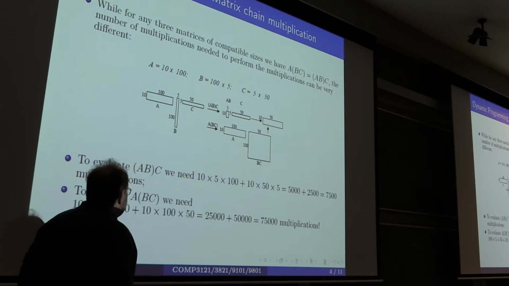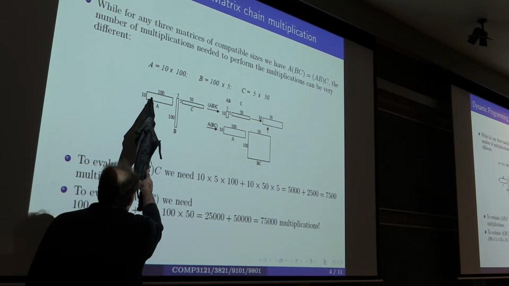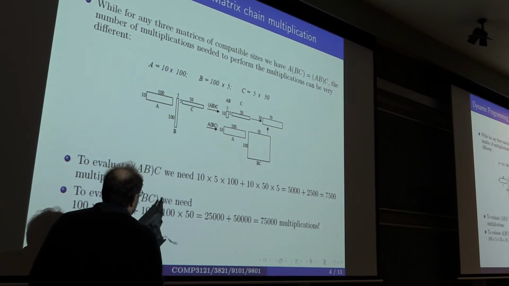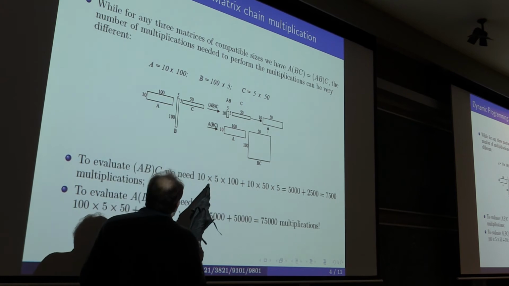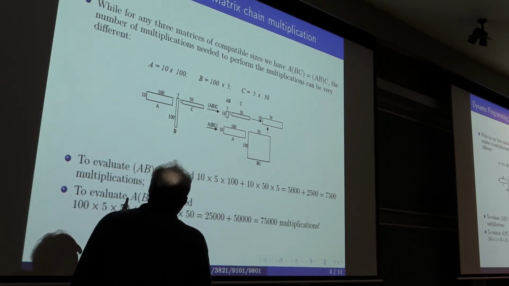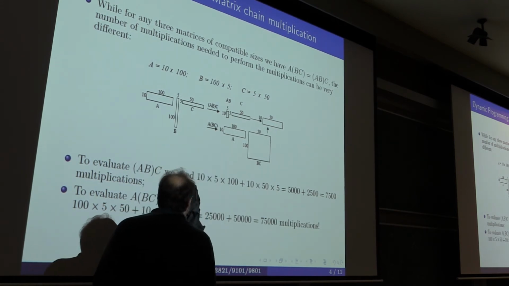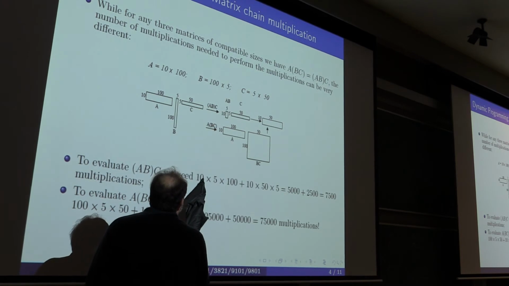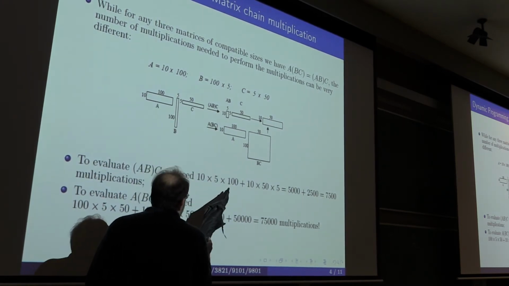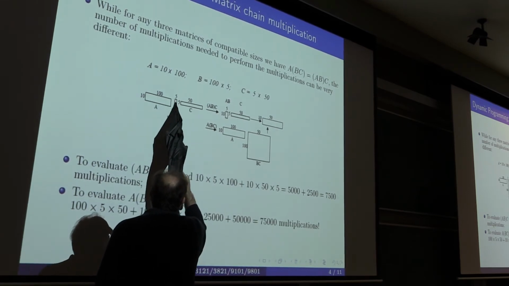So how many multiplications do we need? For each entry of the result, we have 100 multiplications, and the matrix is of size 10 times 5, so we have 50 entries. For each entry here, we have to do 100 multiplications in order to multiply a row with a column.